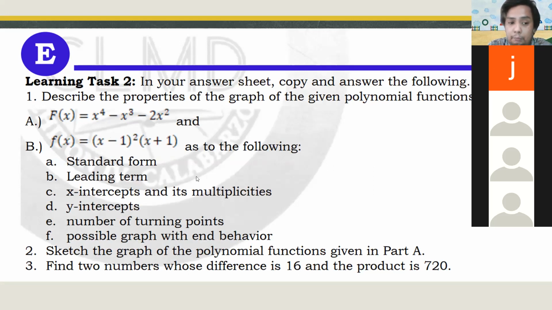Which is the leading term, x-intercept and its multiplicity. Multiplicity means how many times x plus 1 appears. If you write x plus 1, x plus 1, that means a multiplicity of two. So that's okay. Then y-intercept, number of turning points, remember, we can see it when graphed, and the possible graph. Then for number 2, graph A and B, then answer number 3.